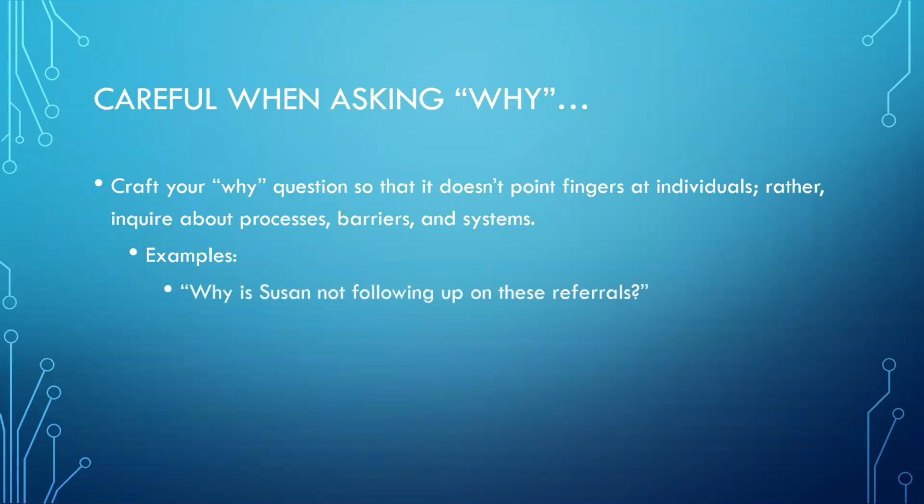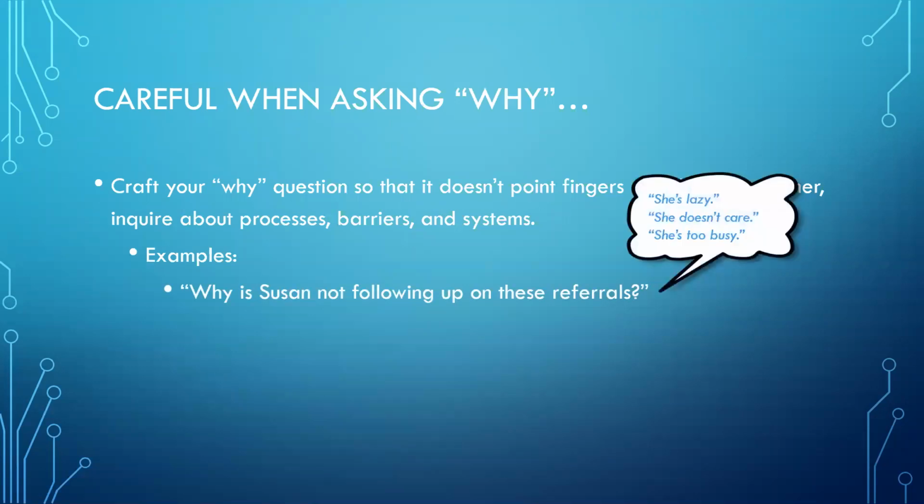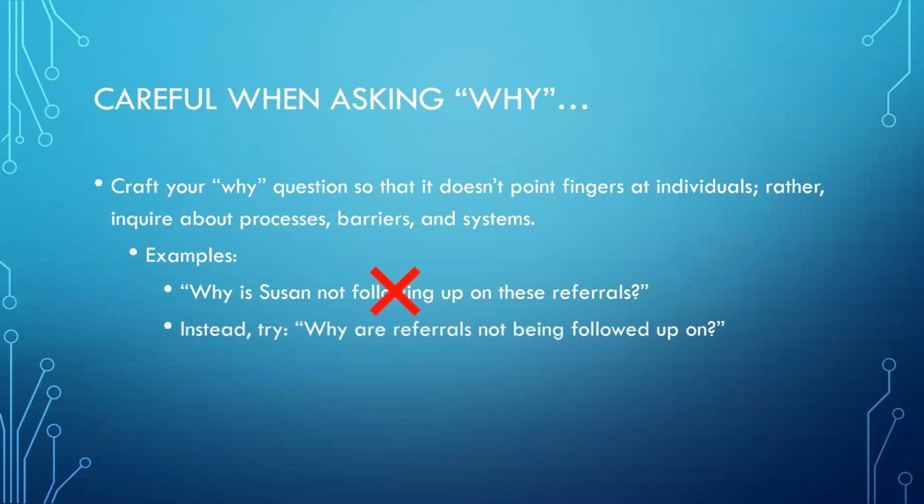So if the question is phrased as, why is Susan not following up on these referrals? You could get answers like, well, she's lazy or doesn't care, or she's too busy. So we want to avoid asking in this way, and perhaps instead try asking, why are the referrals not being followed up on?